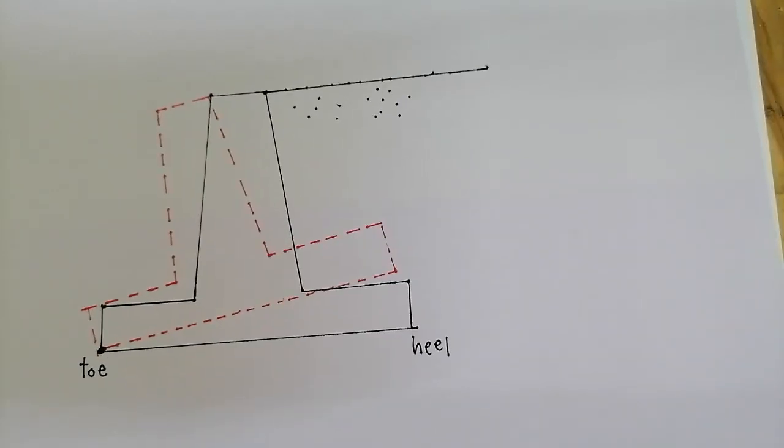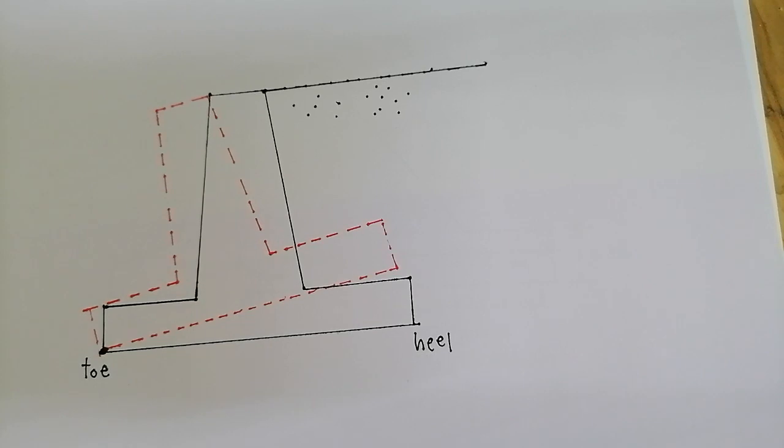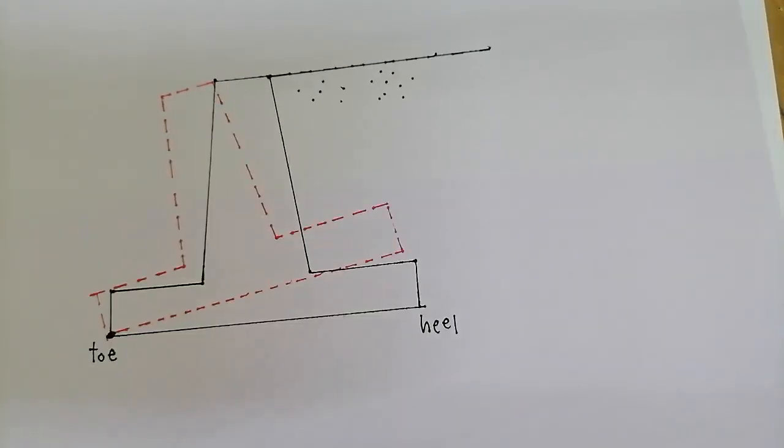In this example, we are going to check the stability of our retaining wall against overturning and sliding. All right. Okay, let's go to the first one.